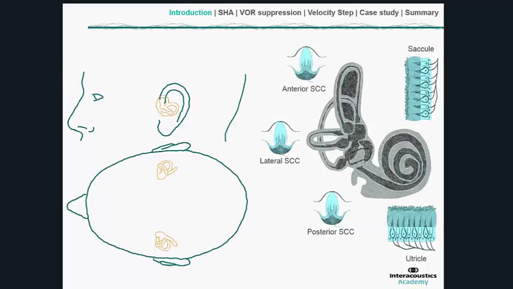But it's these reflexes that subtend between the ears and the eyes that we're most interested in today. And as I mentioned, there's a rough division of labour whereby the utricle and the saccule provide input that constitutes the linear VOR, vestibulo-ocular reflex, whereas the semicircular canals subtend the angular vestibulo-ocular reflex.